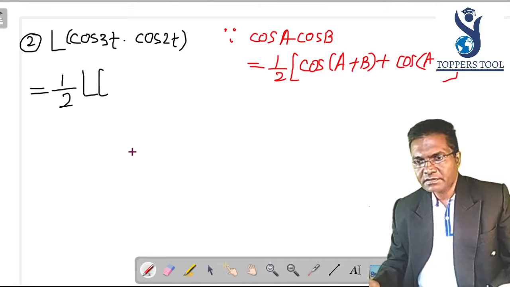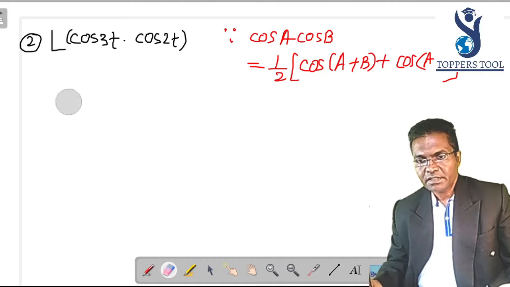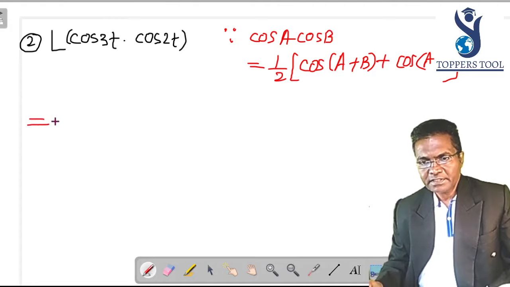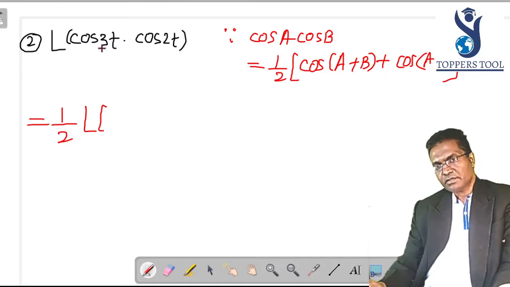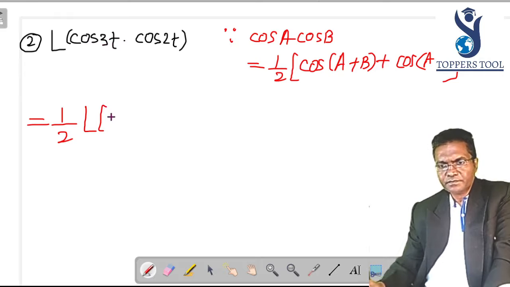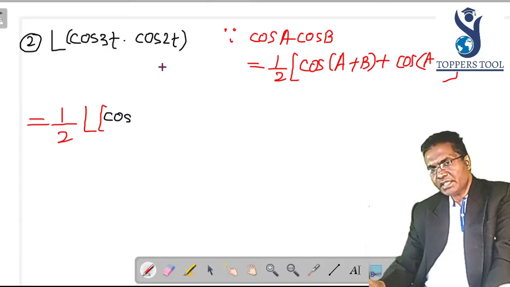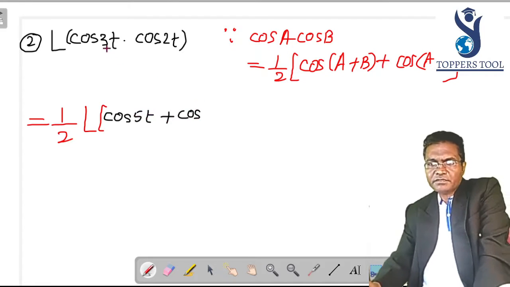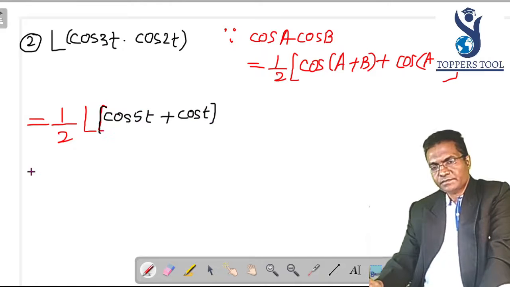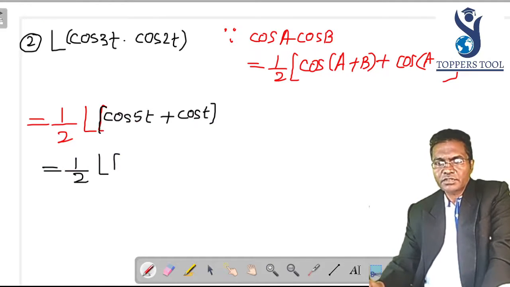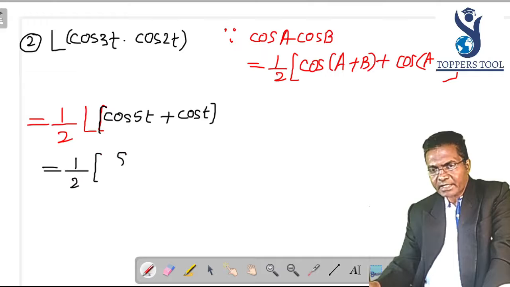So according to this, this becomes 1 by 2 L of, okay, A is 3t, B is 2t, cos of 3t plus 2t is 5t, plus cos of 3t minus 2t is t. This is 1 by 2 L of cos 5t plus cos t. You can write directly, Laplace transform of cos at is s by s square plus a square.